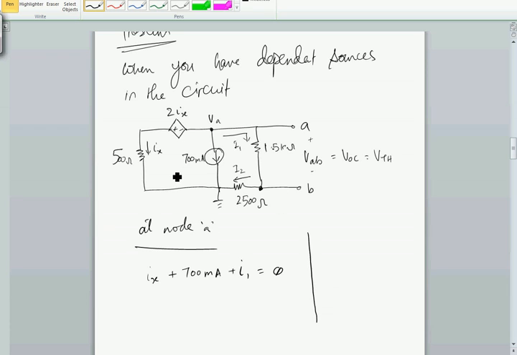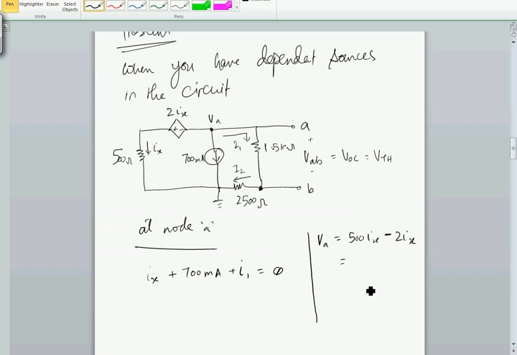Write down VA starting from the ground. VA will be equal to 500 IX, and then since it's a voltage source, when we move from here to this point, this is the negative polarity, so by the time we get there we will have this voltage drop, negative 2IX.